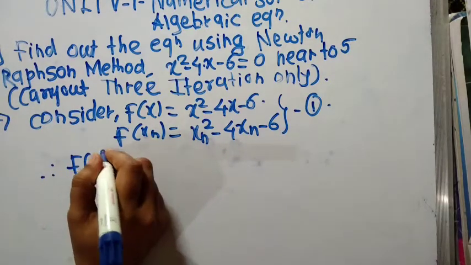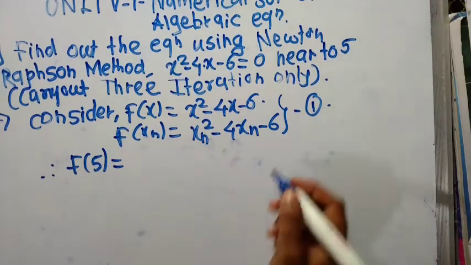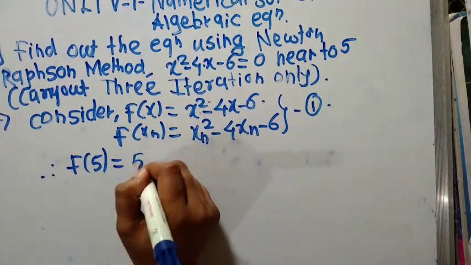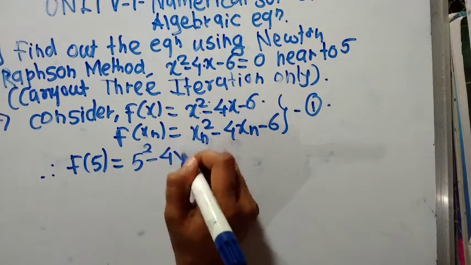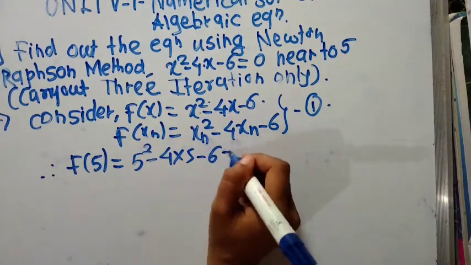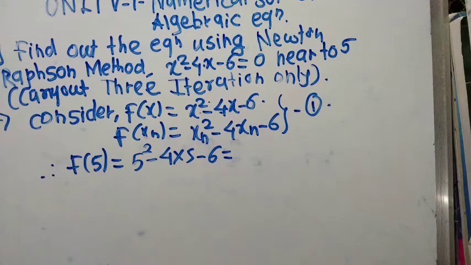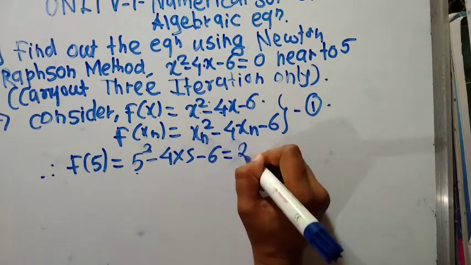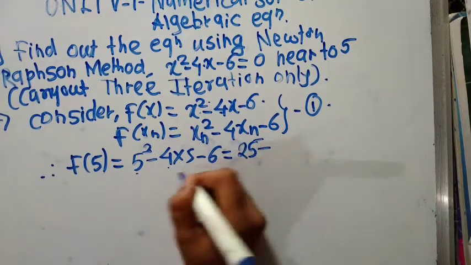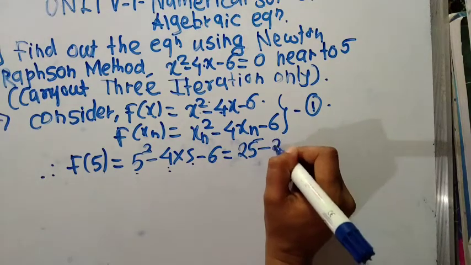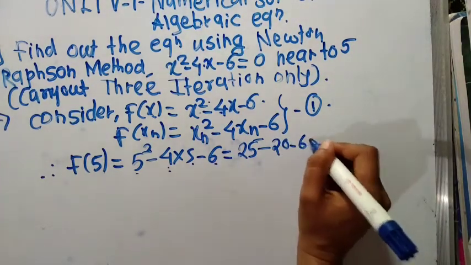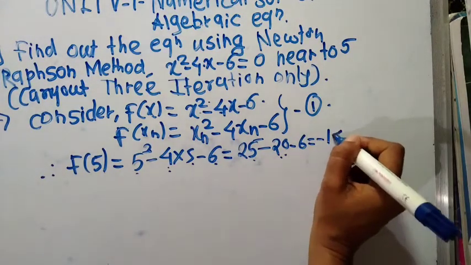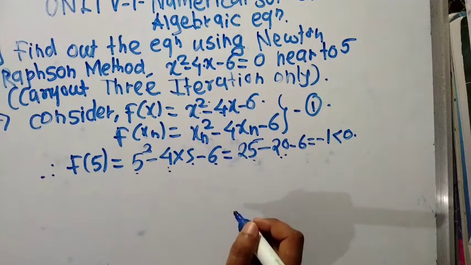Near to 5, so first find out f of 5. 5 square minus 4 into 5 minus 6, which is equal to 25 minus 20 minus 6, and 25 minus 26 is minus 1, which is less than 0.